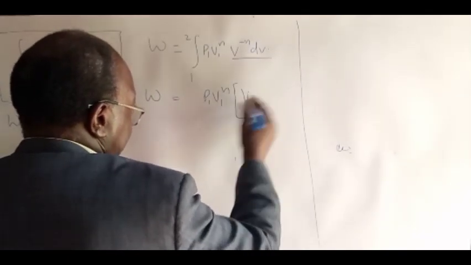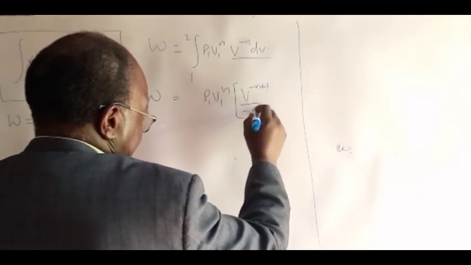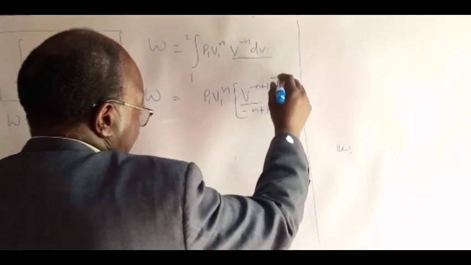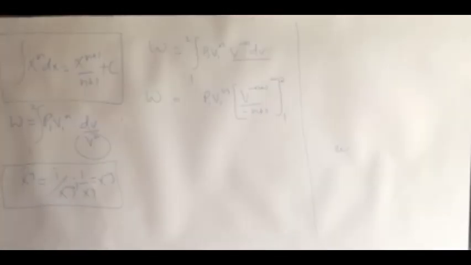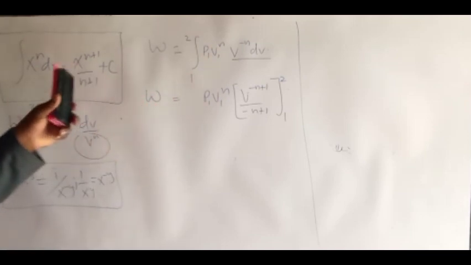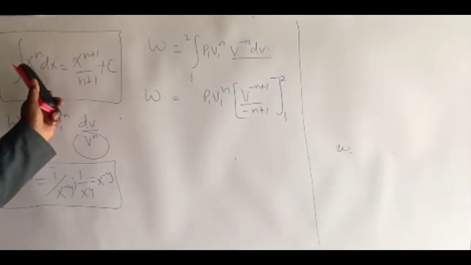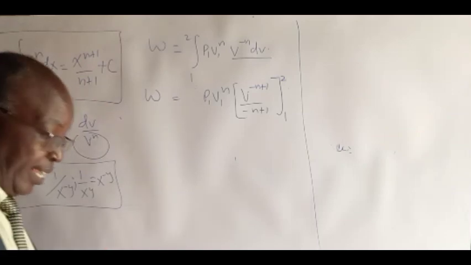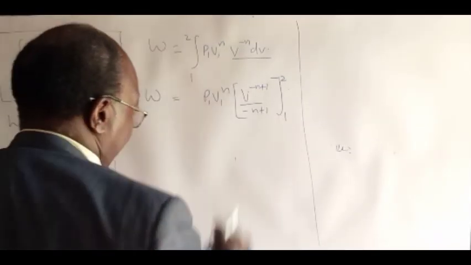So when we integrate it, we just get V^(-n+1) over (-n+1), state 2, 1. We have just used the integration identity: if you integrate x^n, you get x^(n+1) divided by n+1. So it's just (-n+1) divided by that.